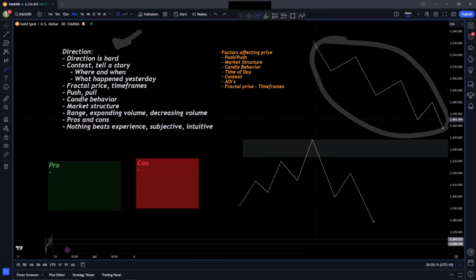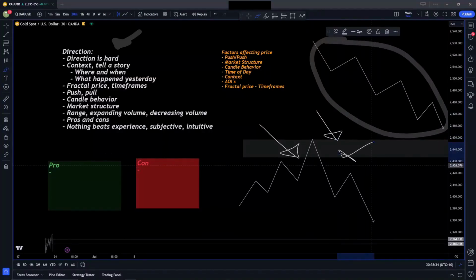So identifying what kind of direction or what market conditions are at that point in time is really important for getting that entry, or identifying which area of interest to take if you're waiting for a shift.